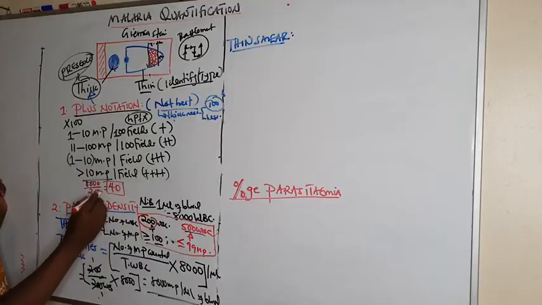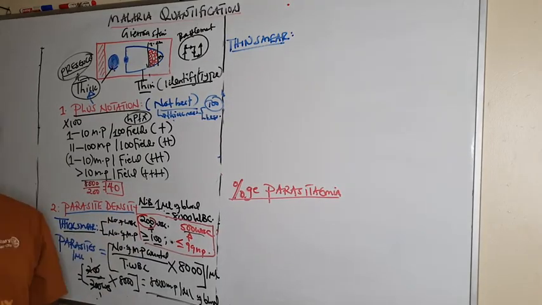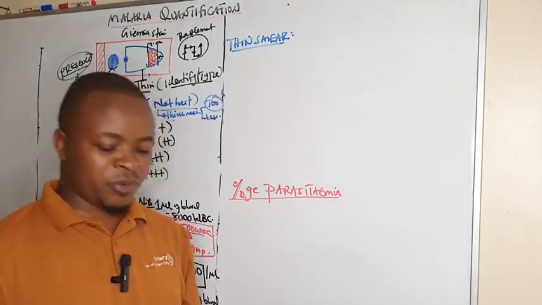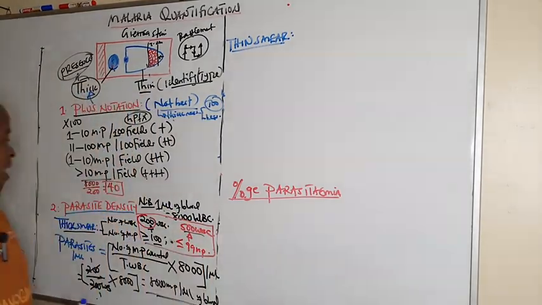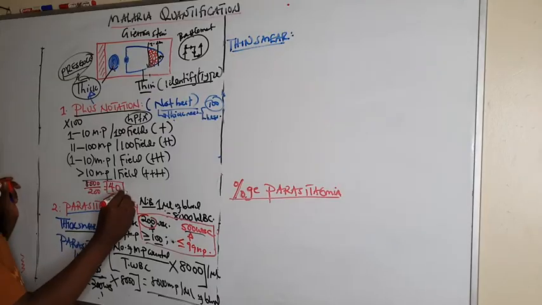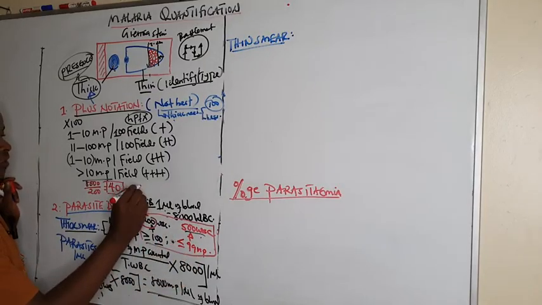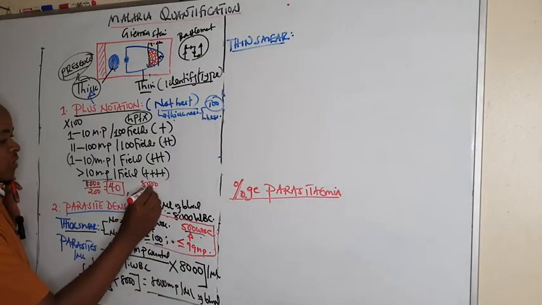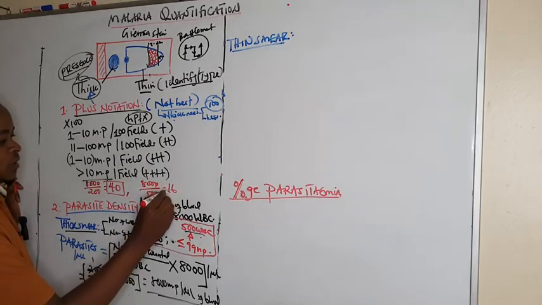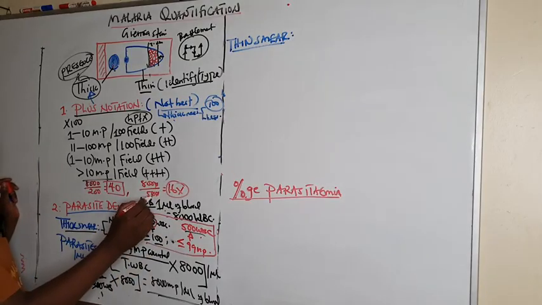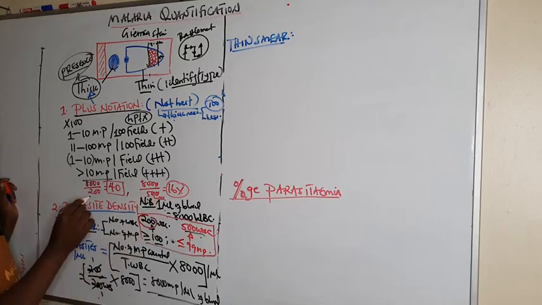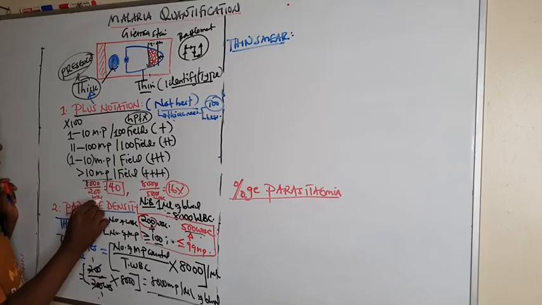So if you are using 200 white BCs, you count the number of parasites and multiply by 40. And if you continue to 500, 8,000 divided by 500 gives 16. So 16 becomes the multiple when I'm using 500 white BCs, but when I'm using 200 white BCs, the multiple becomes 40.